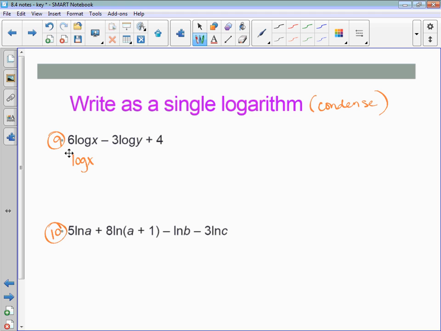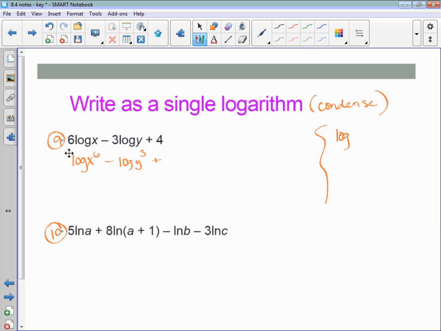Do you guys agree with log of x to the 6th, putting that exponent back there, and then minus log of y to the 3rd? Okay, now here's the tricky part on this one. I need to write 4 as a log. So we are thinking off to the side here. The others are log base 10, right?